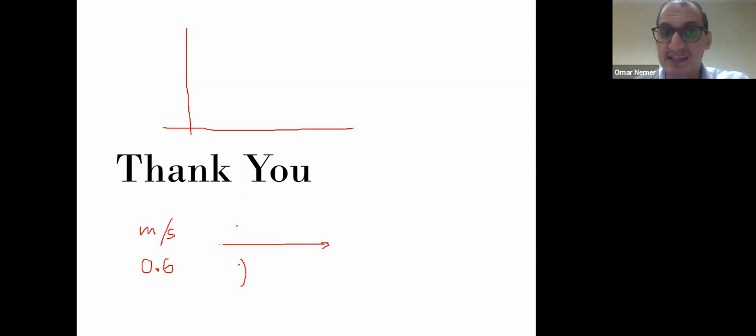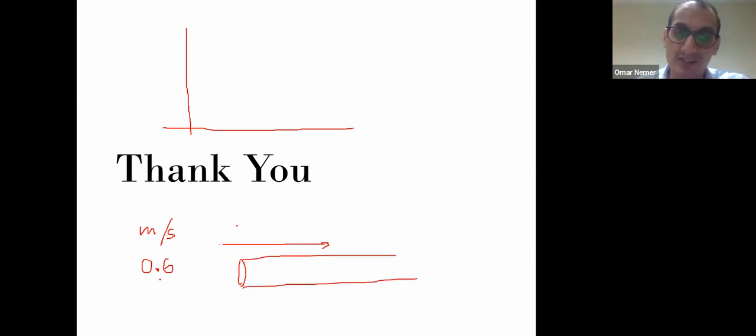So sizing the pipe depends on the speed, which must not be less than 0.6. And also, it's not preferred to be higher than 1.5 meter per second. So the sizing has to be in the middle, in between. Okay, this is the first criterion for sizing the piping.